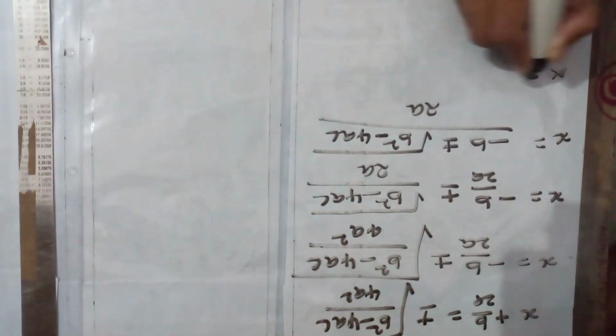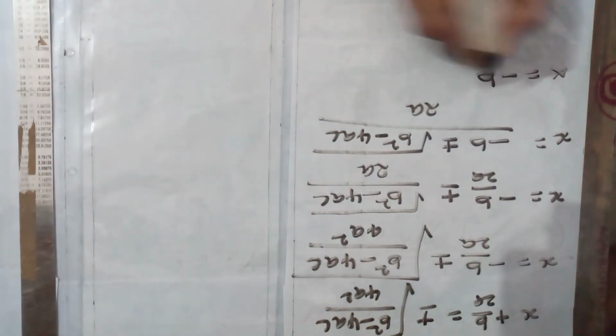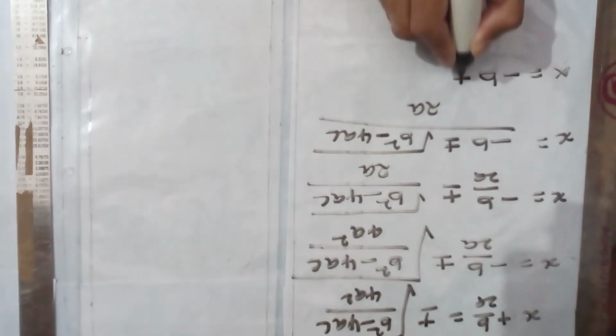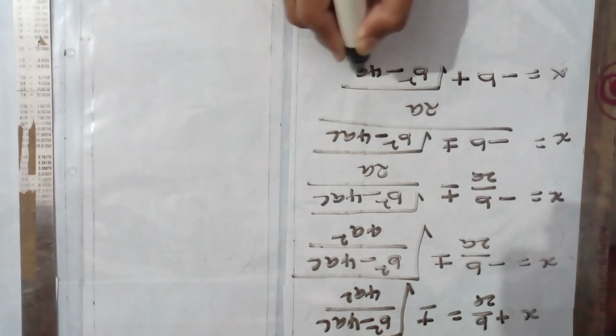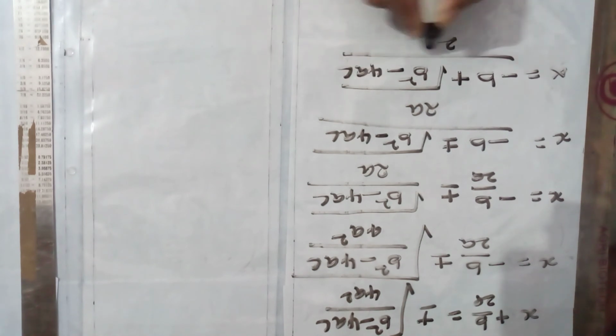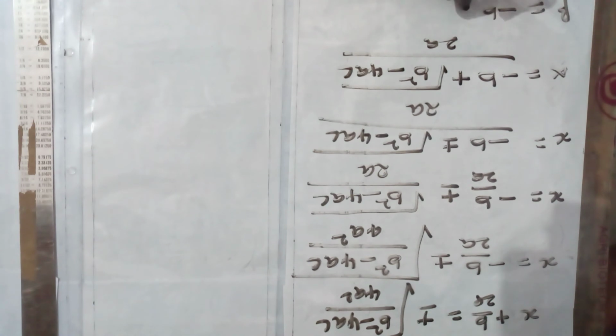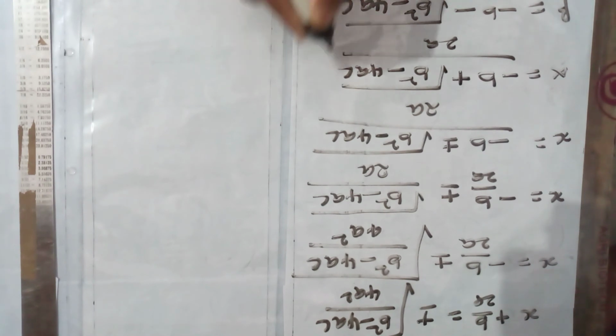Then let the first zero be alpha, alpha is equal to minus b plus square root of b square minus 4ac by 2a. Then the second root is beta, that is equal to minus b minus square root of b square minus 4ac by 2a.